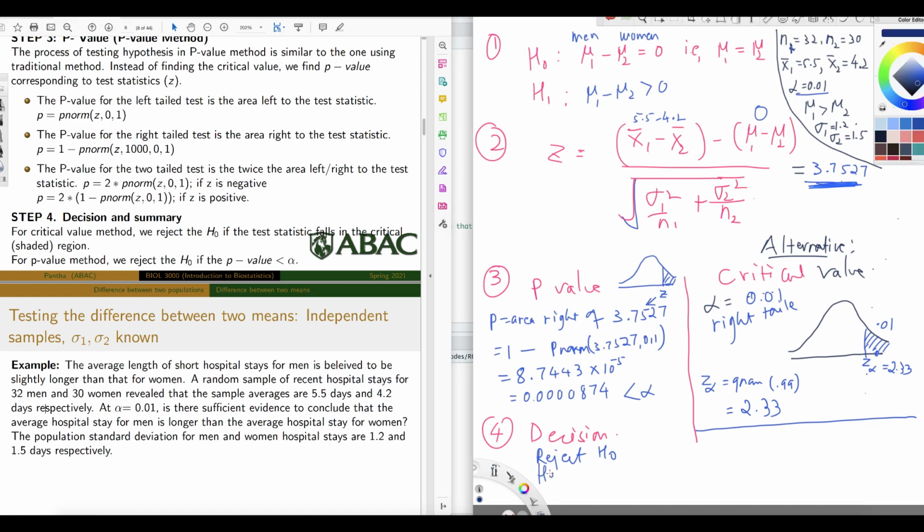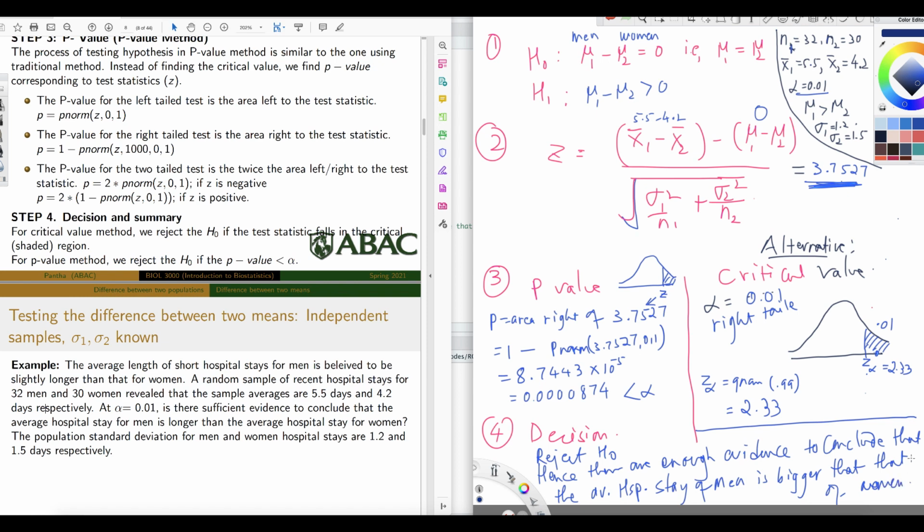Hence, there are enough evidence to conclude that the average hospital stay of men is bigger than that of women.